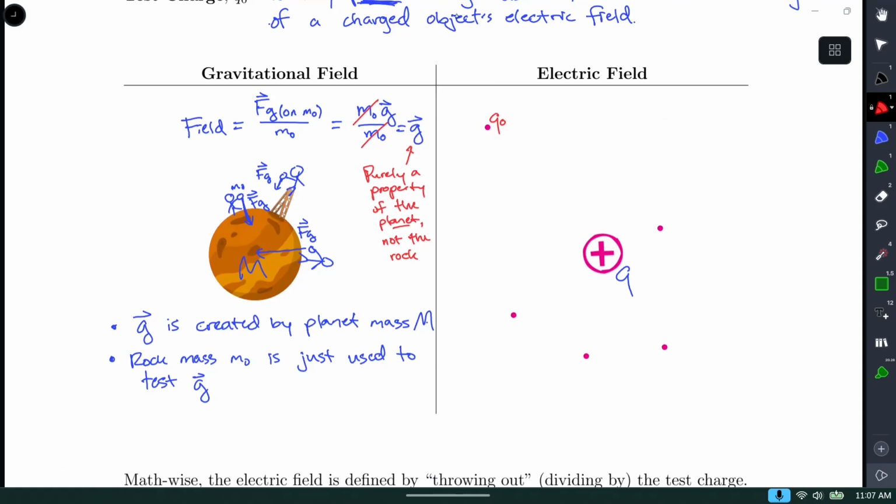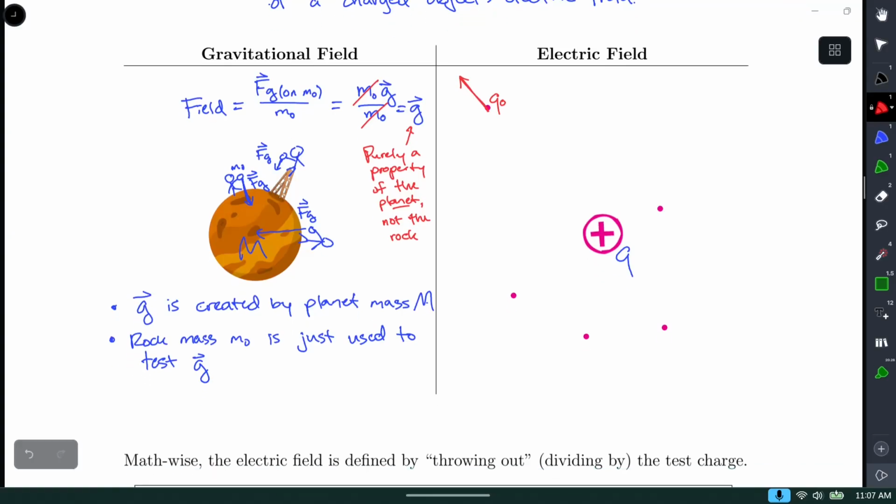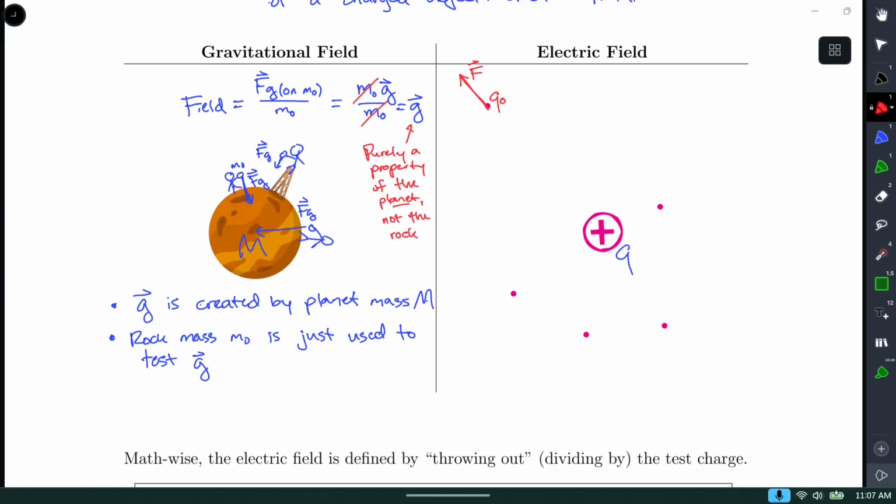Over here, it might be repelled. So this is the force on that little charge. If I hold it closer, it'll probably be repelled even more because the distance got smaller, so it's a stronger force. And it's repulsive because, remember, my test charge I'm going to take to be positive.